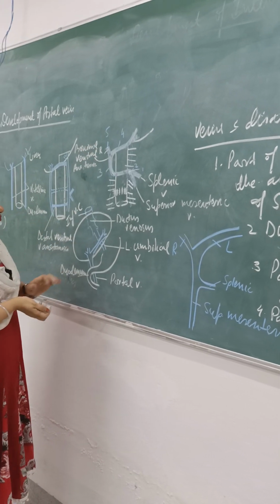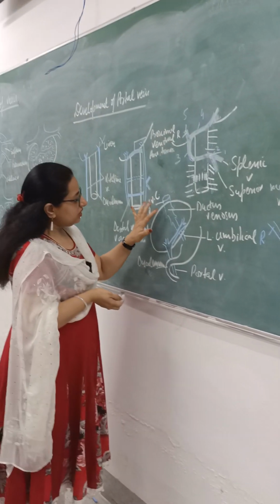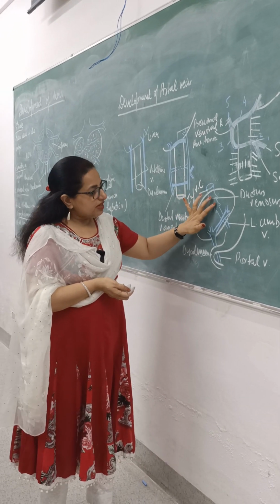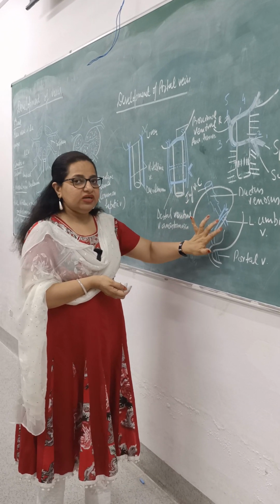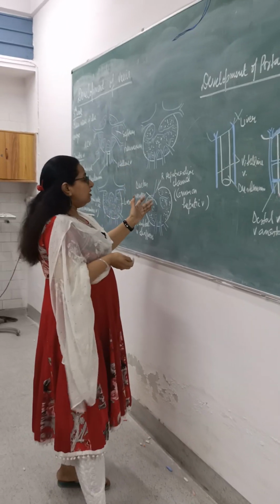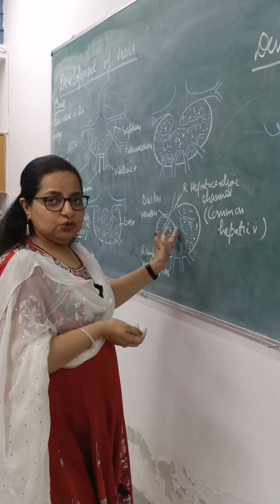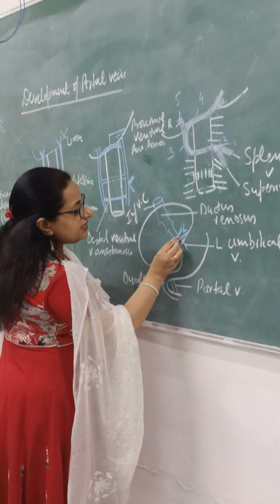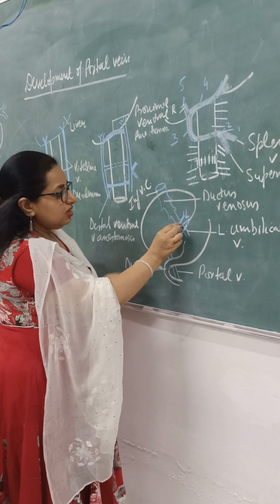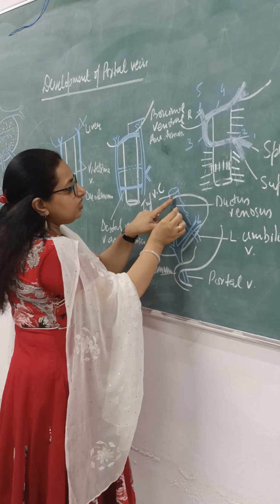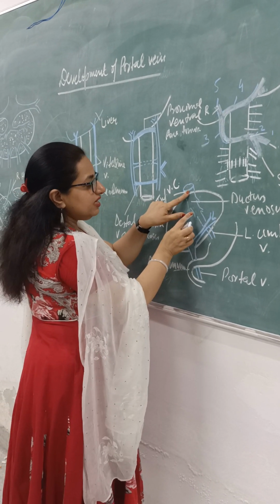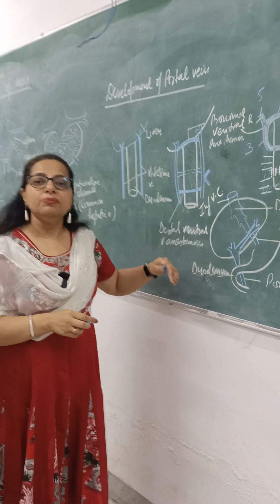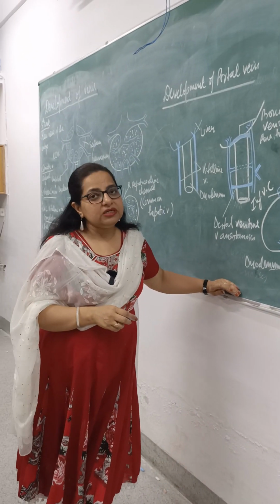When you see this is the developing liver and inferior vena cava, that is the right hepatocardiac channel, with the ductus venosus and the left umbilical vein, as we talked about in the previous video. So this left umbilical vein will enter into the left branch of the portal vein, and the whole of this will drain into the right hepatocardiac channel through the ductus venosus. That is how the portal vein is developed. I hope it is clear to you all.